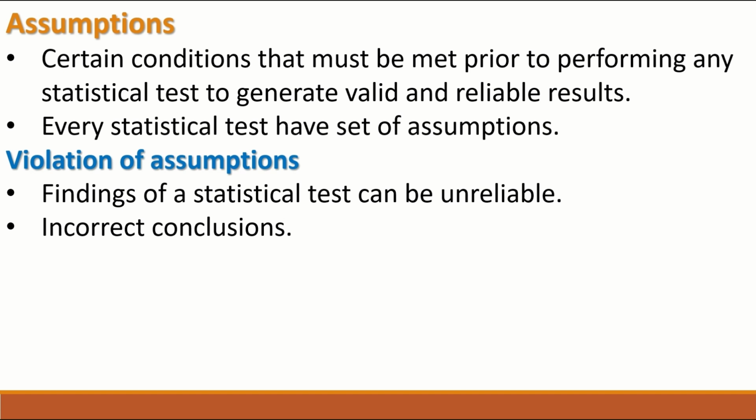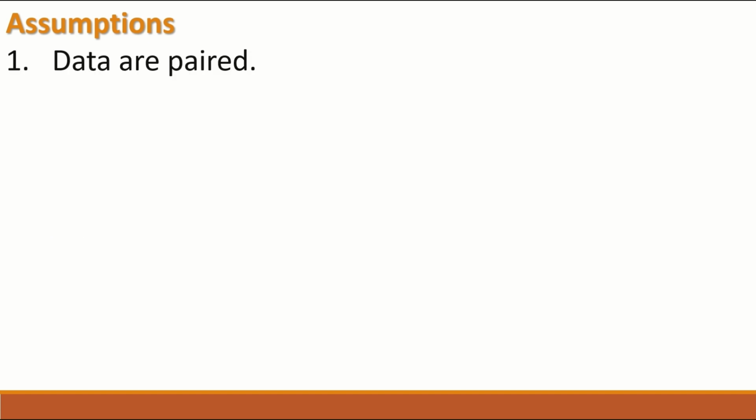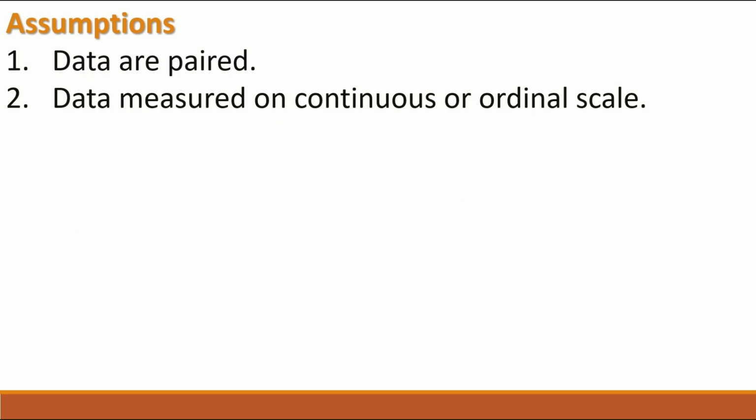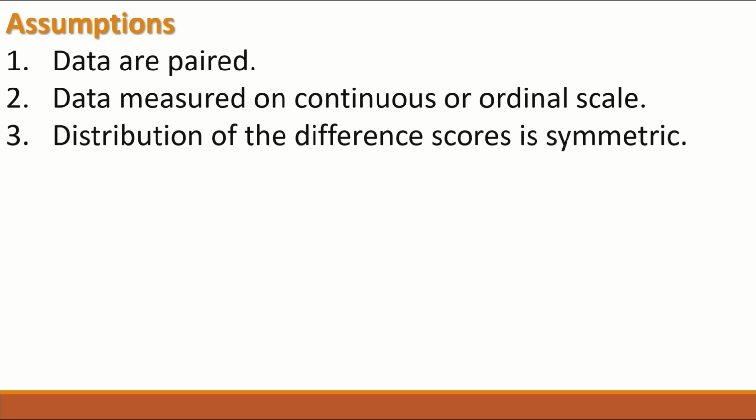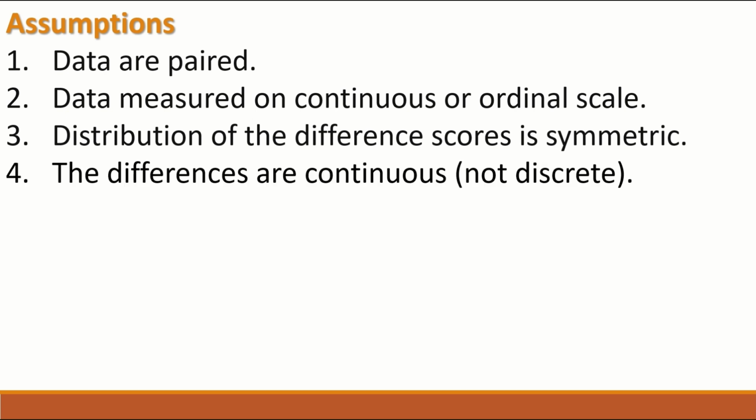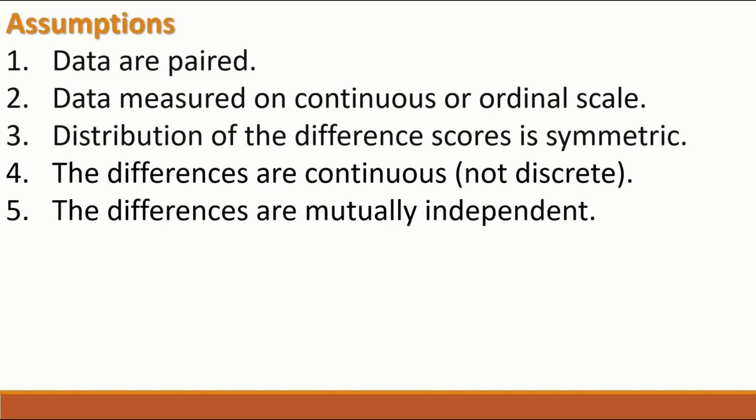The assumptions for the Wilcoxon Signed-Rank Test are: the data should be paired, the data measured on a continuous or ordinal scale, the distribution of the difference score is symmetric, the difference between the two groups is continuous, not discrete. Continuous means that it can have fractions in it.